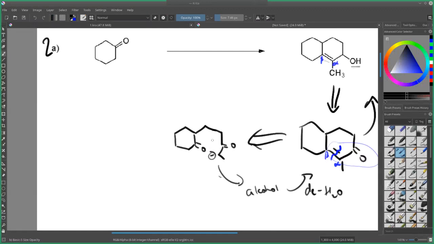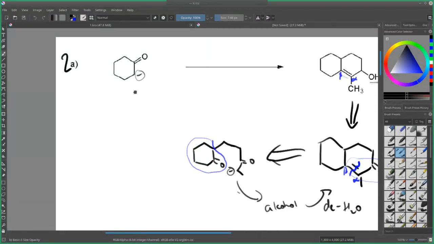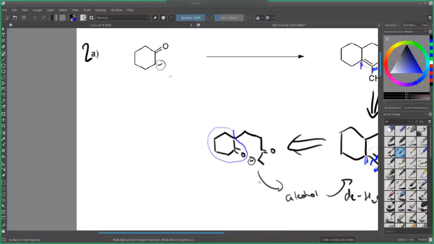Okay? So we're starting with this thing. You know that we can just make an enolate on either side of that ketone. And then from there, you can add some Michael acceptor of your choice.